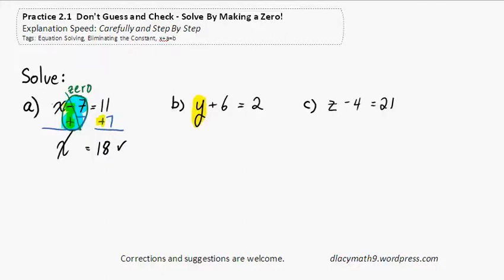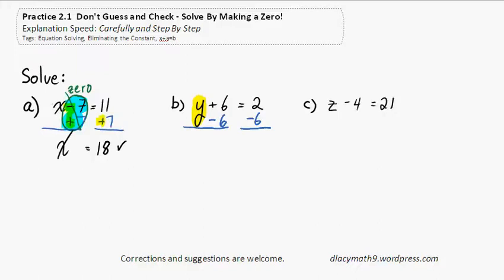After you add 6 to it, you get 2. Now, this is going to be a small number, smaller than 0, because when you add 6 to it, it's going to go across the 0 and end up with 2. So here's how you do it. What you do is take the opposite of +6, which is -6, and add it to both sides.